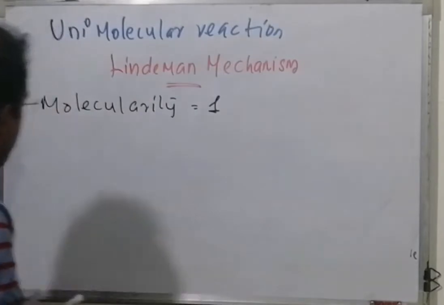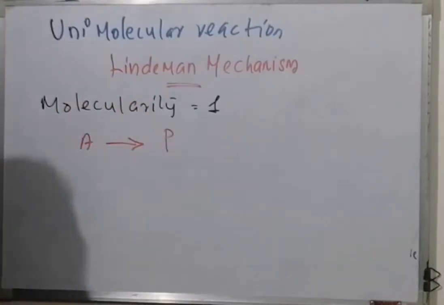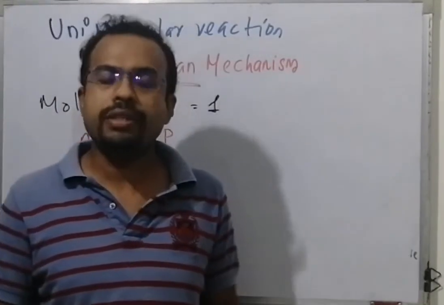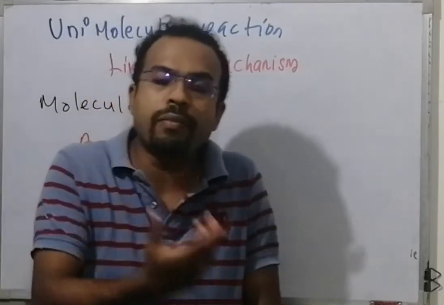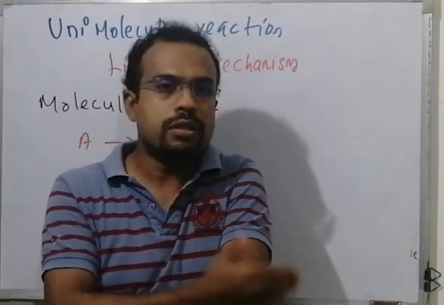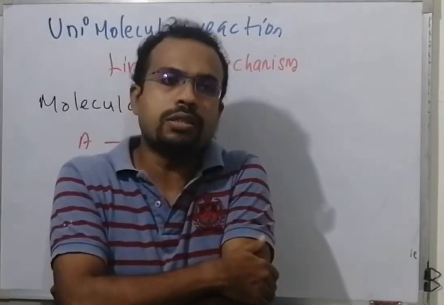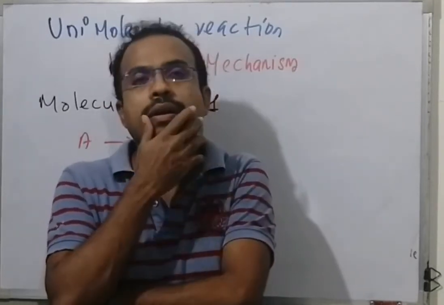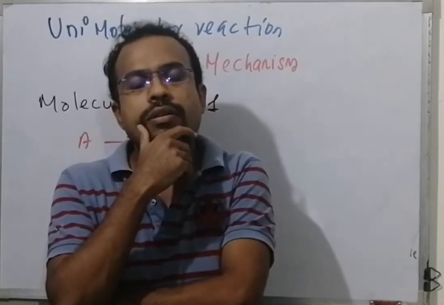But suppose you have a reaction like this, A gives P. We have a lot of reactions like this. Isomerization is one kind of reaction. An isomer of a molecule is converted into another molecule. In organic chemistry, you will learn a lot of such reactions.